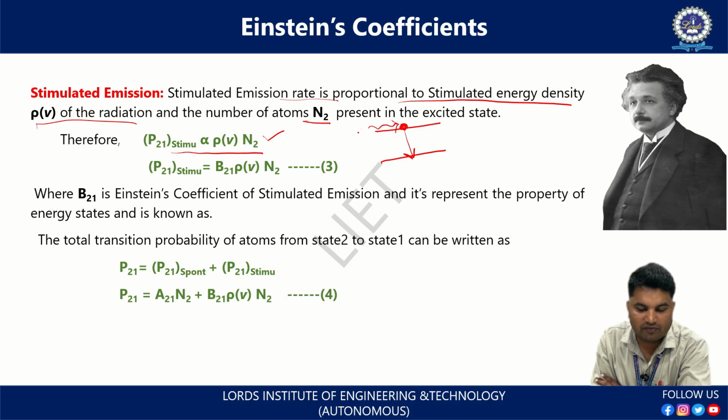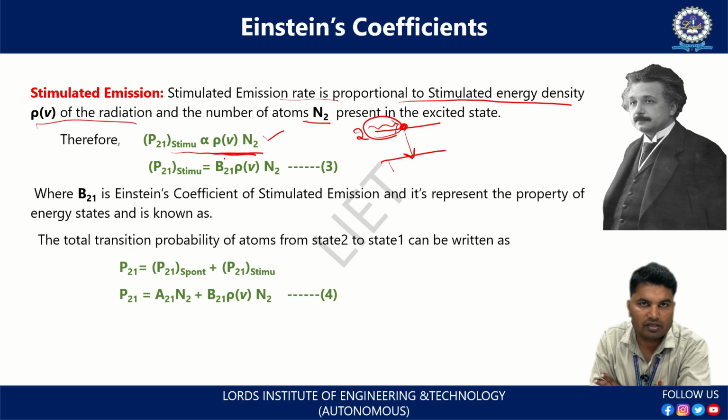The transition from energy state 2 to energy state 1 under the influence of an external photon is given by the energy density rho of nu. So P21 stimulated emission is directly proportional to rho of nu N2.